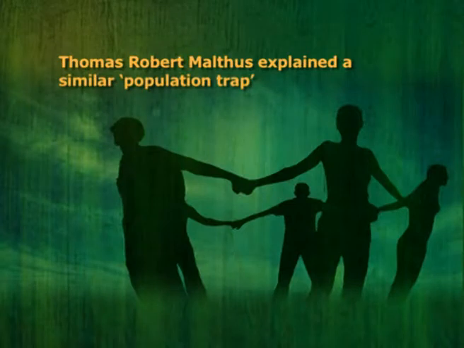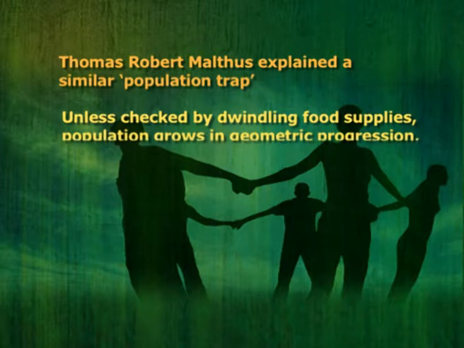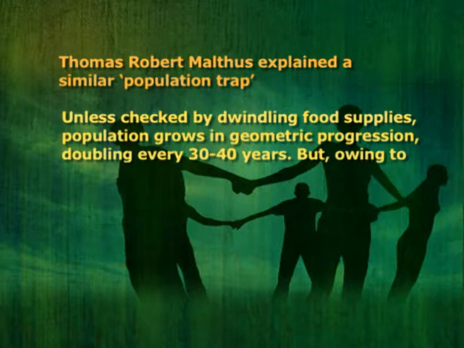Thomas Robert Malthus explained a similar population trap in 1789 where he postulated a universal tendency of population that unless checked by dwindling food supplies, population grows in geometric progression, doubling every 30 to 40 years.